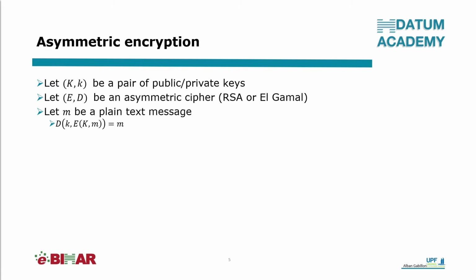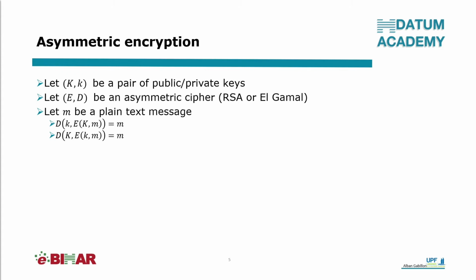More formally, let us consider a pair of public-private keys. And let us consider an asymmetric cipher. The decryption with the private key of the plain text encrypted with the public key gives back the original plain text. This is what I described in the previous slide.